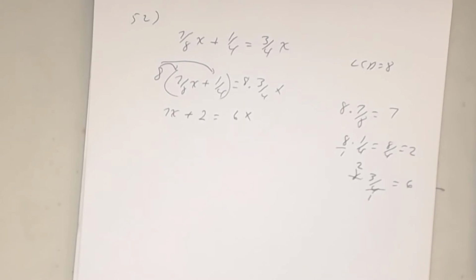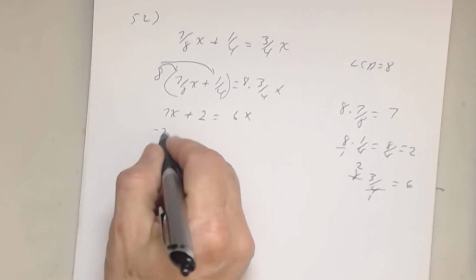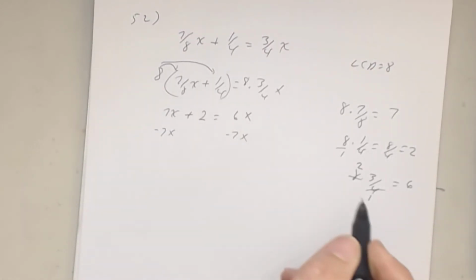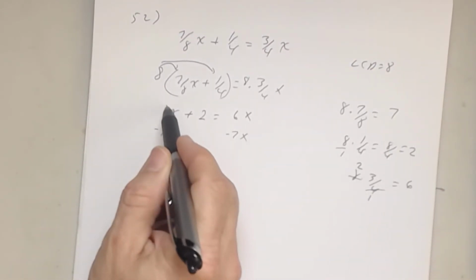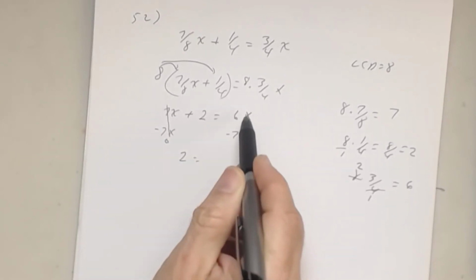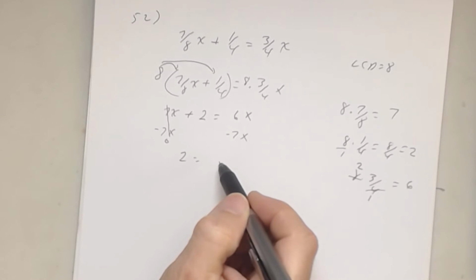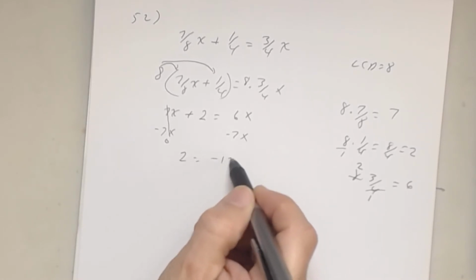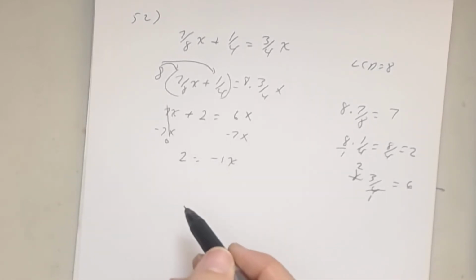All right. Now tell me what you want the next step to be. I'm using the third step, the addition property of equality, so you can subtract 7x from both sides. Then I'm combining like terms. What's 7x minus 7x? What's 0 plus 2? What's 6x minus 7x? Negative 1x. Good. One more step and you're done, because remember, try to get x by itself.